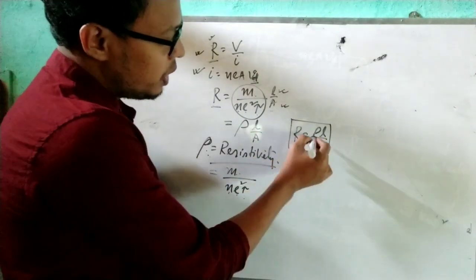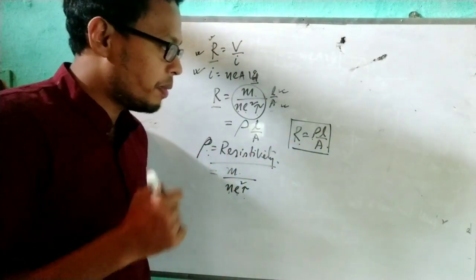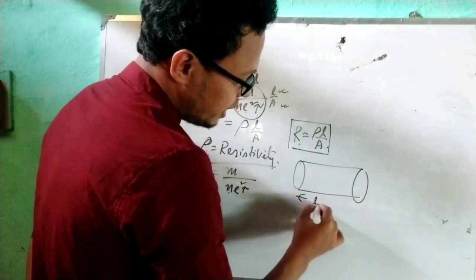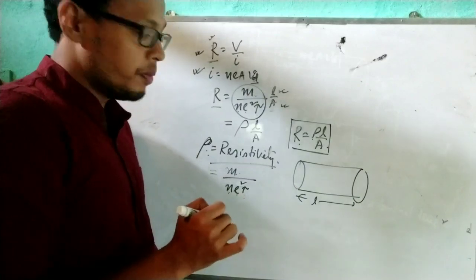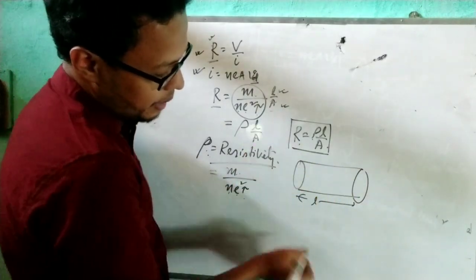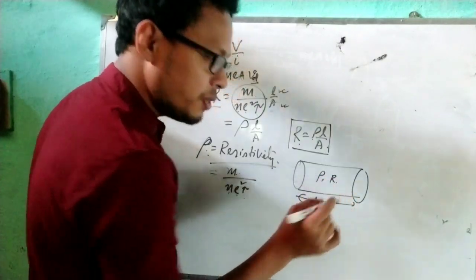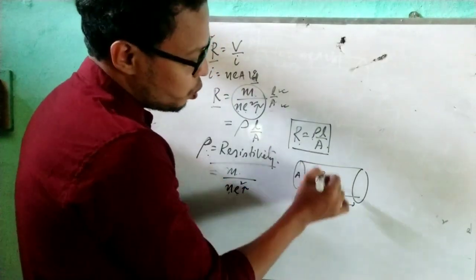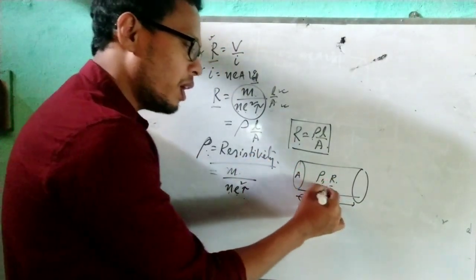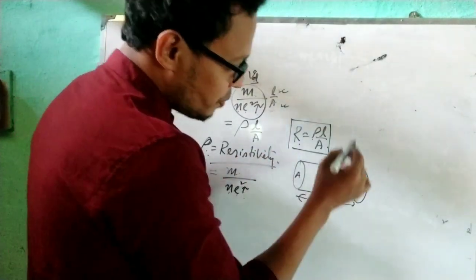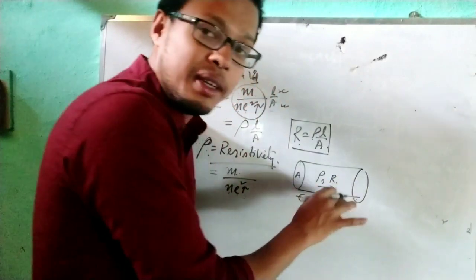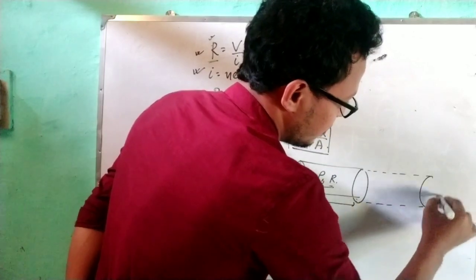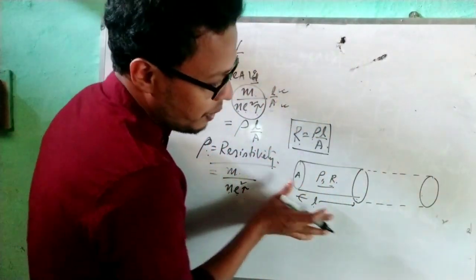Now what is the difference between resistivity and resistance? I am telling by one example. Suppose you think about one cylinder of length L. At that time, rho and R are fixed, when the length was L and area was A. But if we stretch it, the same material, and make this type of shape, this is also a cylinder, but I have elongated it.